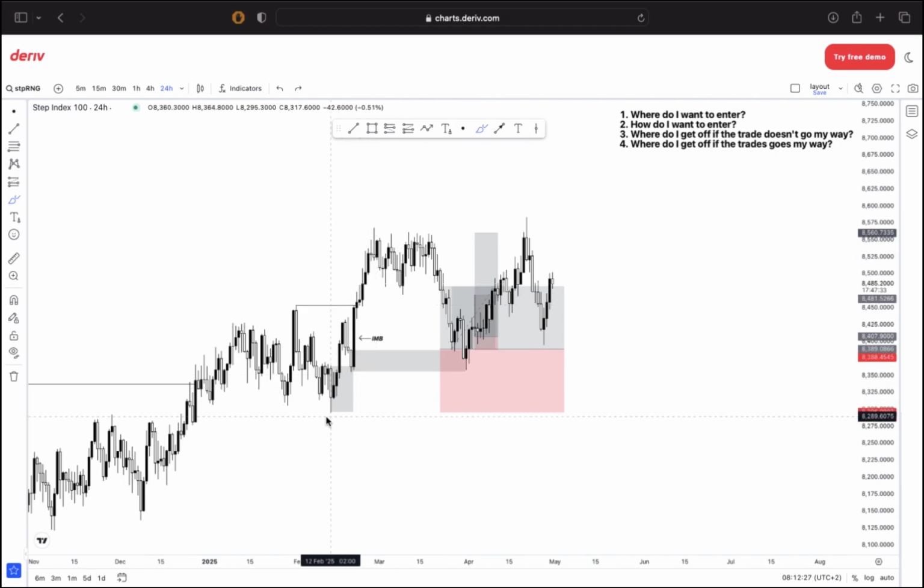So obviously, whatever sell side liquidity is resting below this low is highly likely to get protected because we are currently in an uptrend. Do not forget that whenever we are in an uptrend, we want to see the sell side liquidity being protected, and whenever we are in a downtrend, the buy side liquidity is always protected.